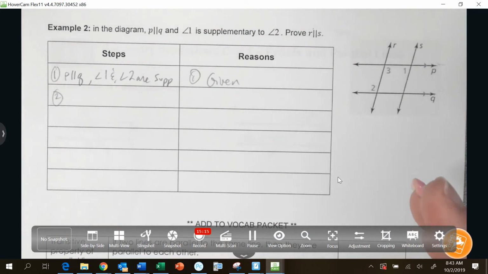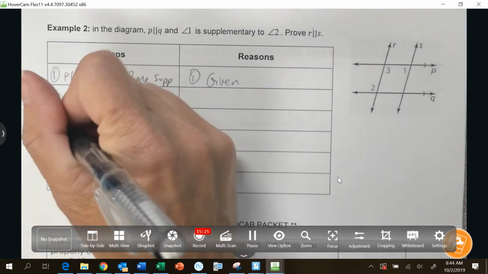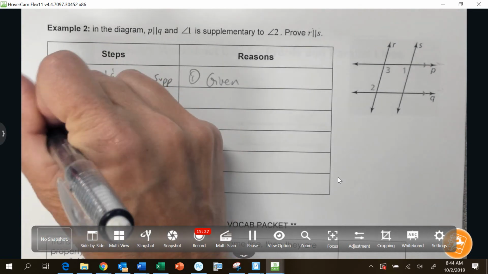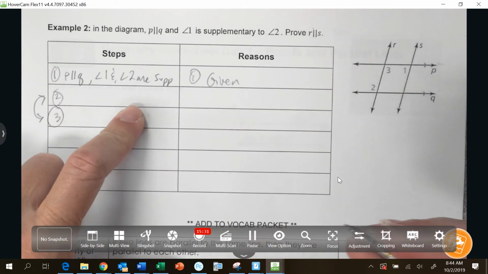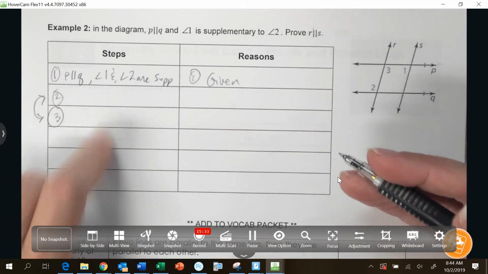I think that step 2 and 3, what I'm about to do, could be in either order. When I write step 2 up here, that could have been your step 3. So if I write one of them first, that doesn't mean that one had to be written first. It could be either order.